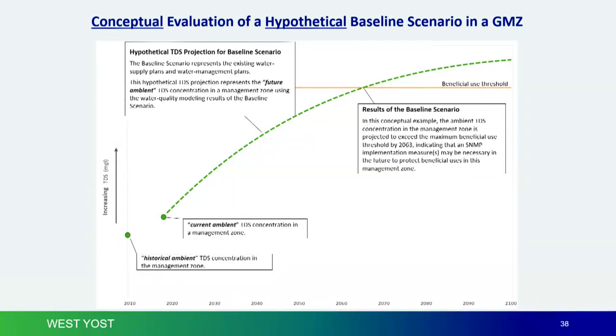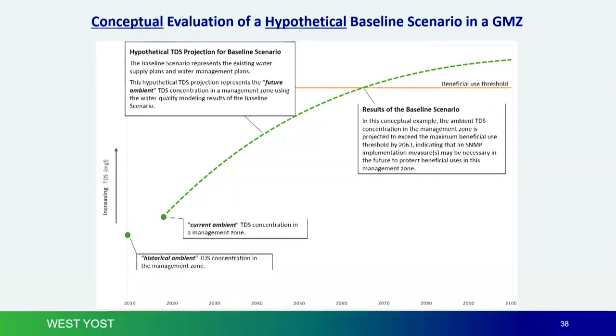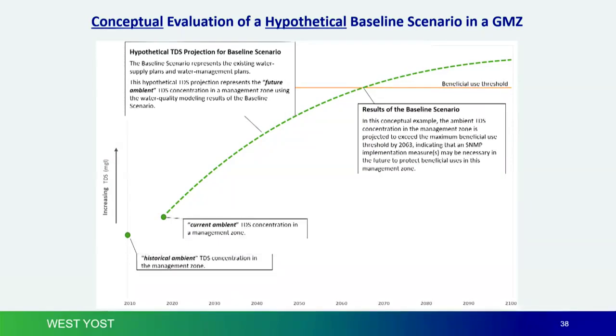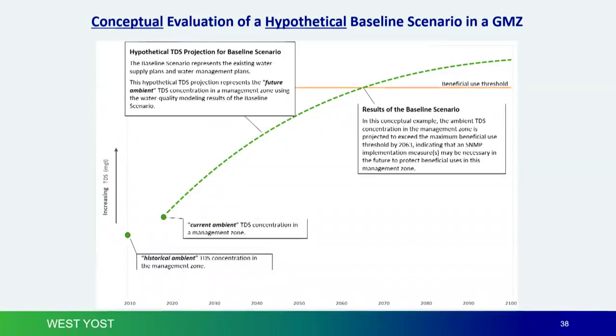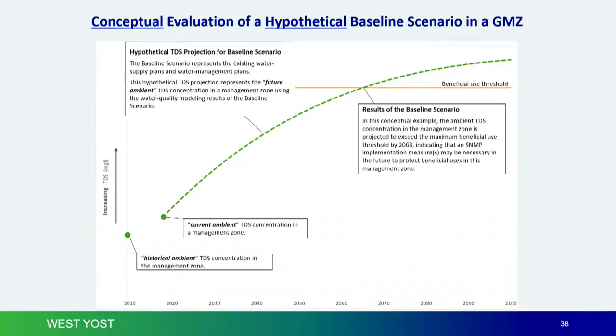So you can see there, those two dots in this example, it's showing a little bit of an increase in TDS concentration from 2010 to 2019. The orange line that you see across the top, that is showing a higher TDS concentration. So I should have explained this, the y-axis is increasing TDS concentrations.